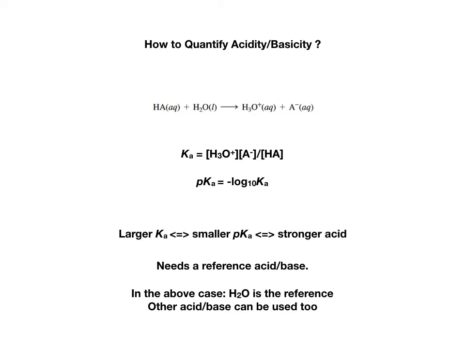In a solvent, this base is typically the solvent itself, but you are not limited to the solvent. You can use other reference acids or bases as you wish. In the following discussion, you will see examples where people use, for example, boron trifluoride, a Lewis acid, as the reference to quantify the basicity of different kinds of bases.